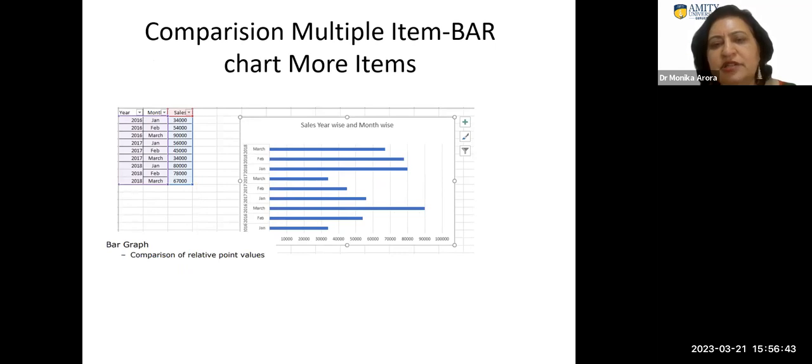Then comparison in the bar chart, where you can have it year wise. If you want to create a year wise chart, then in this particular chart you have 2016.